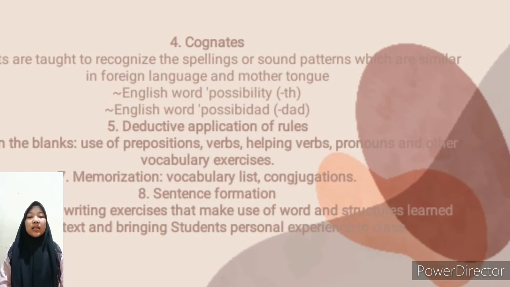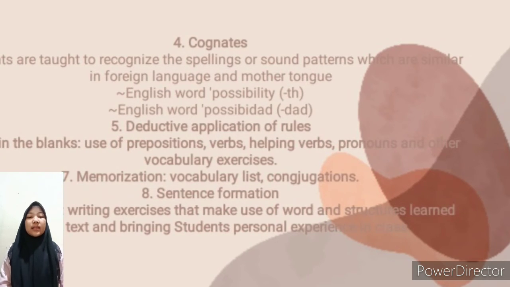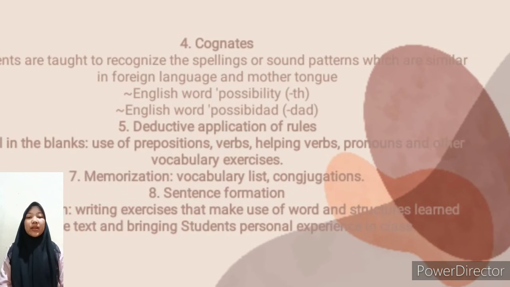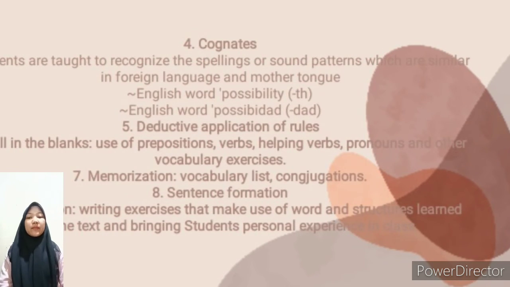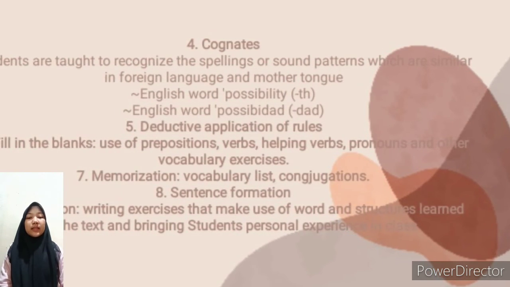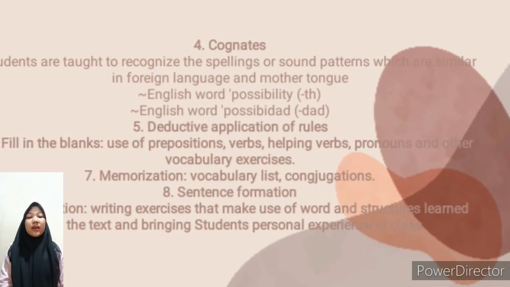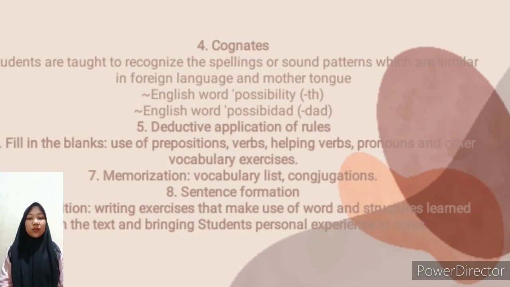Cognates. Students are taught to recognize the spelling and sound patterns which are similar in the foreign language and mother tongue. English word possibility, TH. English word possibility, that. 5. Deductive application of rules.